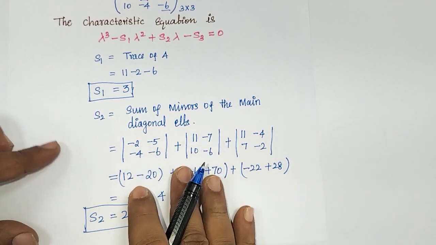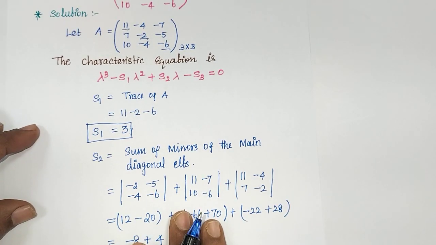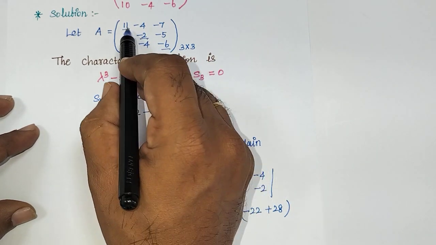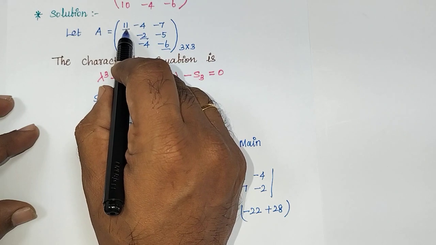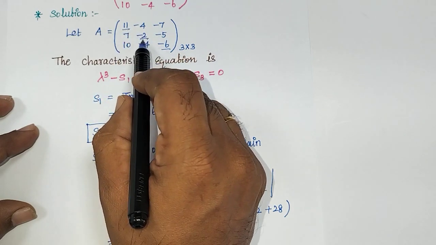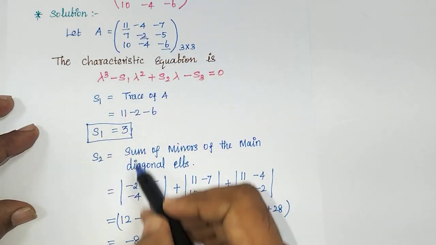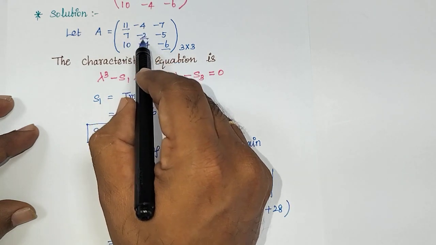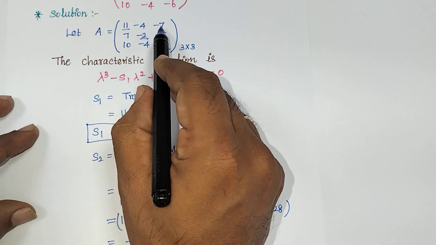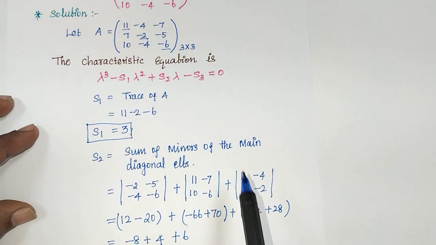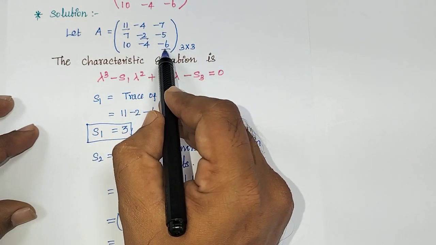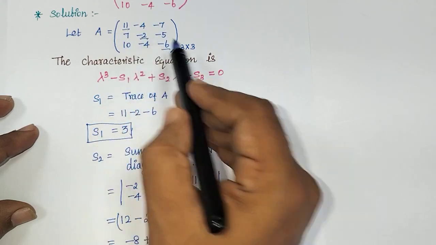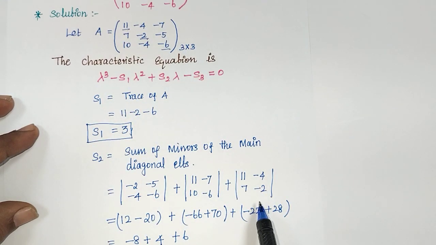So how to find S2? Sum of the minors of the main diagonal elements. Based on these diagonal elements we have to find the minors. When I take the diagonal element 11, omit this row and column, and you will get minus 2, minus 5, minus 4, minus 6. We write it in determinant form. Then for minus 2, this row and this column you can omit, and you will get 11, minus 7, 10, minus 6. Next for the diagonal element minus 6, this row and this column, and 11, minus 4, 7, minus 2 we can write in determinant form.